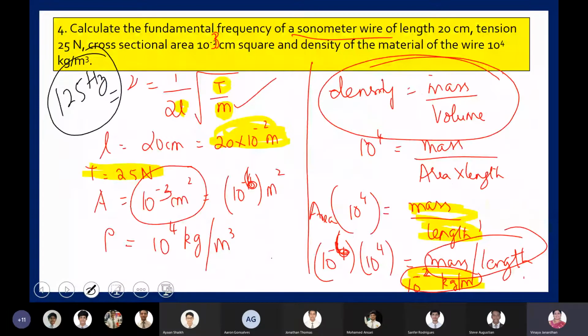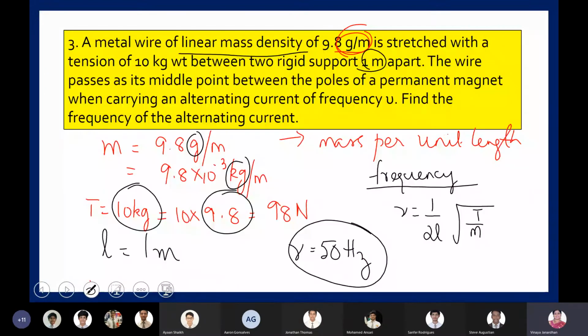Okay, boys. A metal wire of linear mass density, that is mass per unit length, 9.8 gram per meter. You have to be careful, boys. Gram should be converted to kilogram. So, a metal wire of linear mass density 9.8 gram per meter, which is 9.8 times 10 to the power of minus 3 kilogram per meter, right?